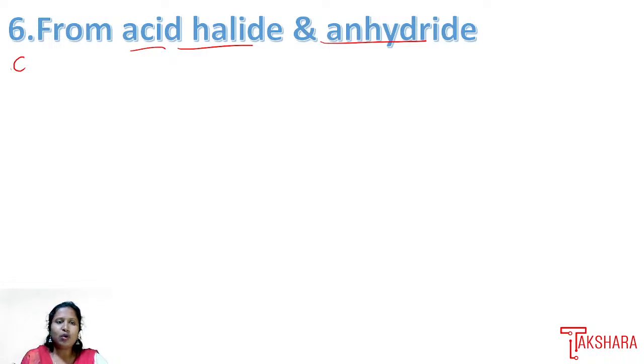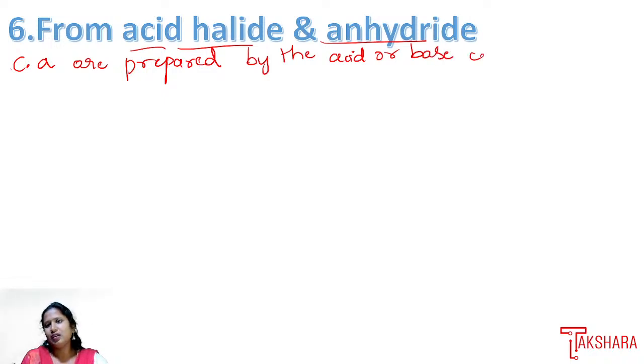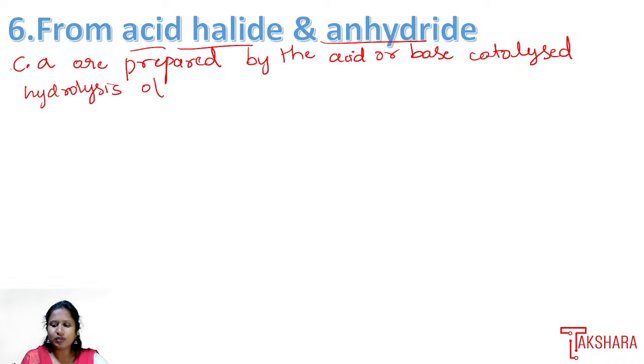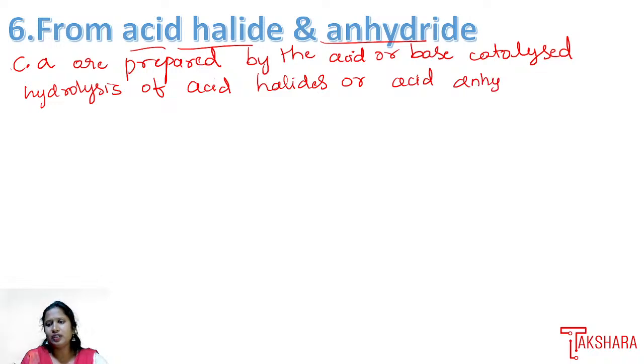Carboxylic acids are prepared by the acid or base catalyzed hydrolysis of acid halides or acid anhydrides.